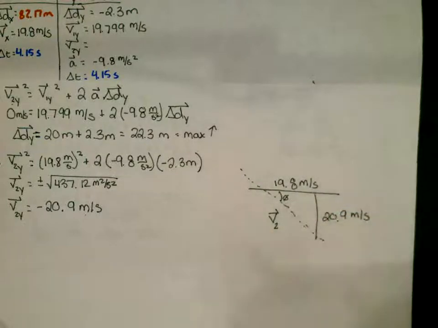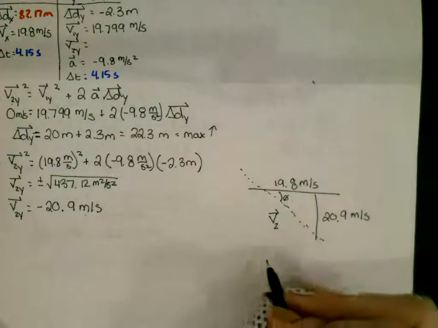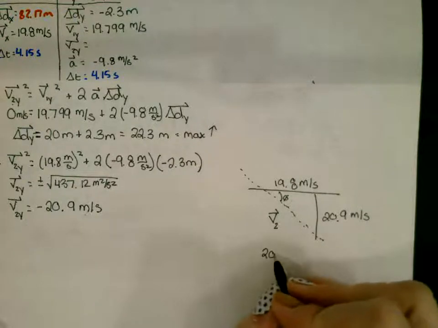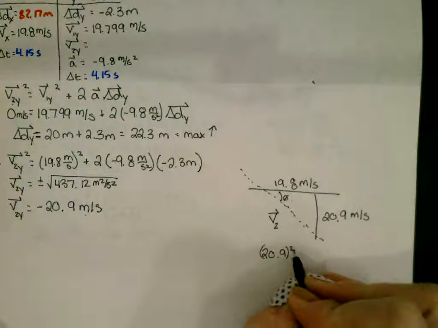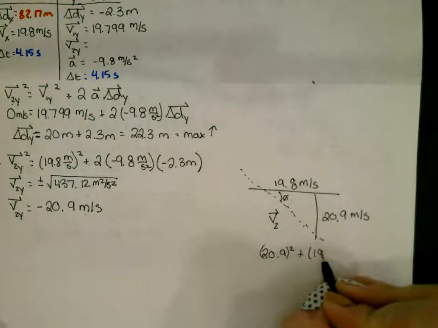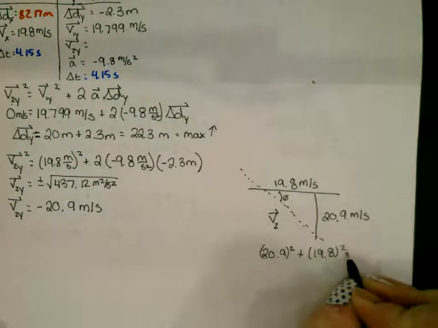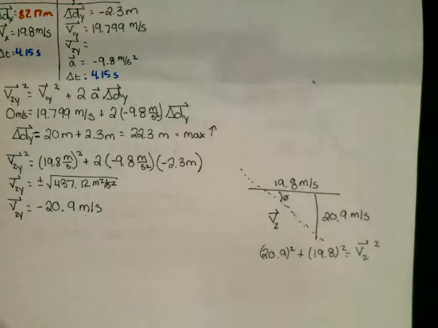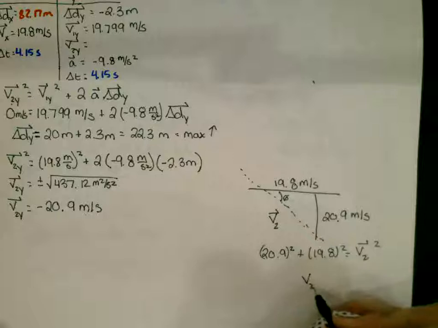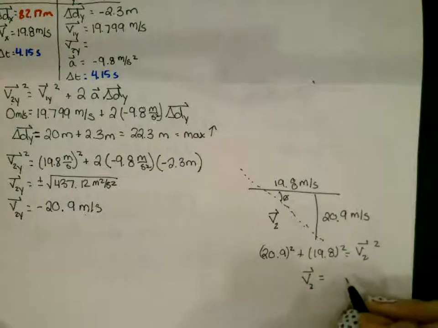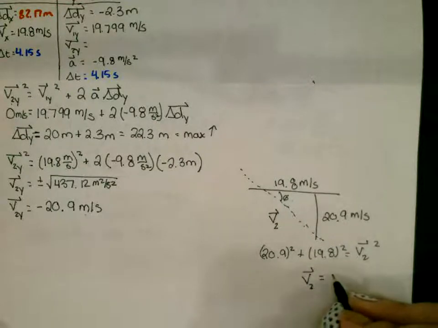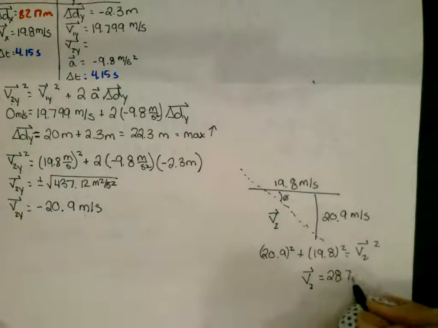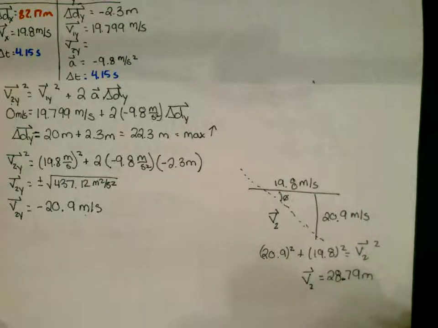So these are what I'm looking for. A squared plus b squared equals c squared. So 20.9 squared plus 19.8 squared equals final velocity squared. So my final velocity is 28.79 meters per second.